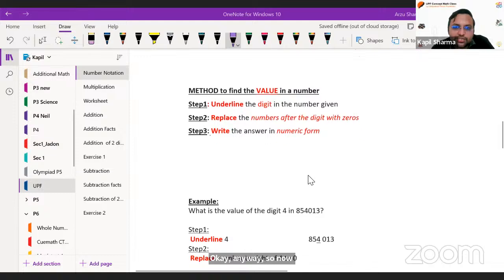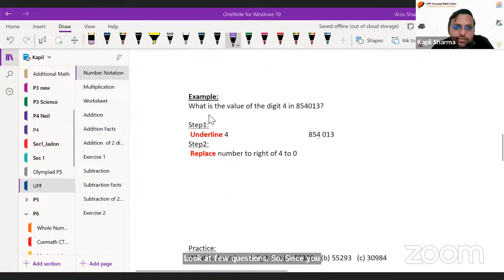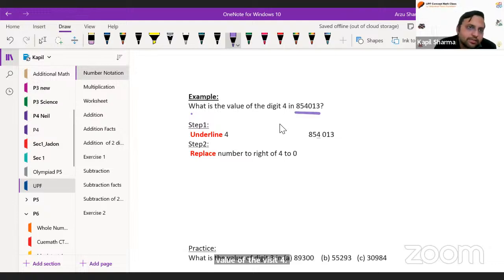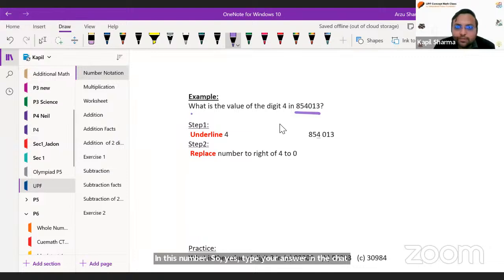Look at a few questions. Since you already know this, let me see how many of you can actually find the value of the digit 4 in this number. Type your answer in the chat box. What is the value of the digit 4 in this number? You can see a big number here, 854,013.